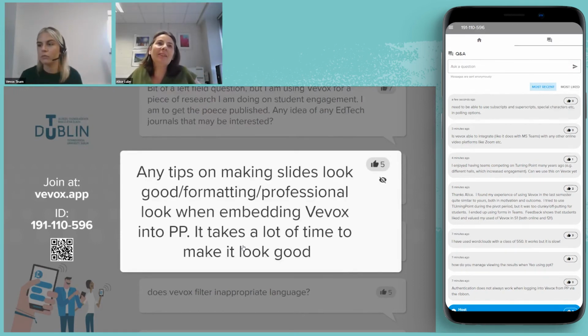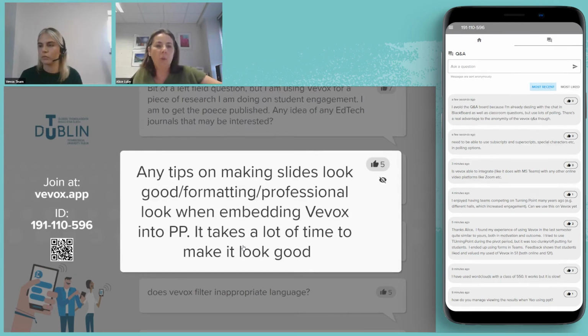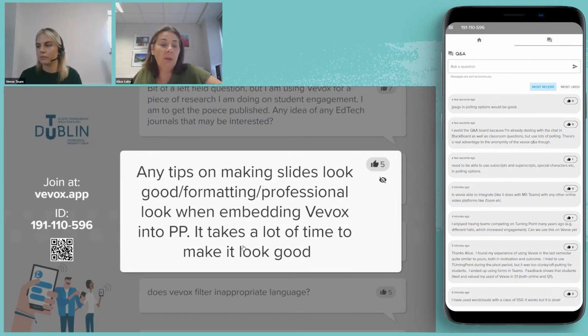This is my personal view, and again, everything is based on personal opinion. I think the minimalist look that comes in when you create the Vvox poll looks good and is effective. I do have to customize mine because I will be putting accounting tables embedded on it, but I like the Vvox look and the way it comes in, and I wouldn't customize it too much, other than playing around a little bit to give an accounting scenario in a corner.